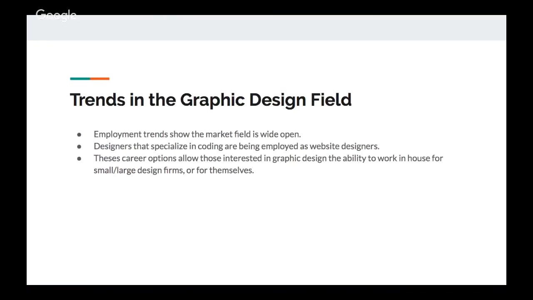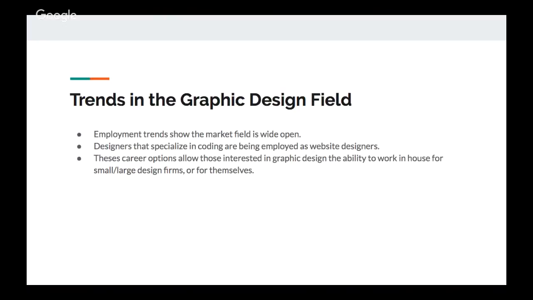Current employment trends show the market is wide open for graphic designers, particularly graphic designers who work on the internet. Graphic designers who specialize in coding are being employed as website designers and flash designers, a trend within the field itself.